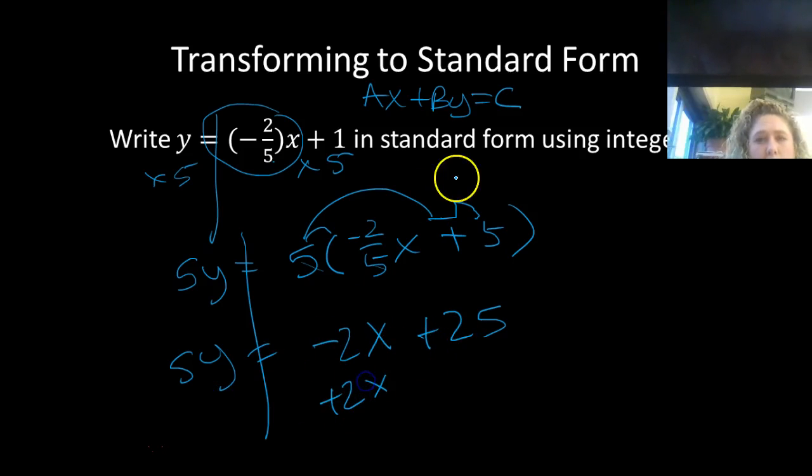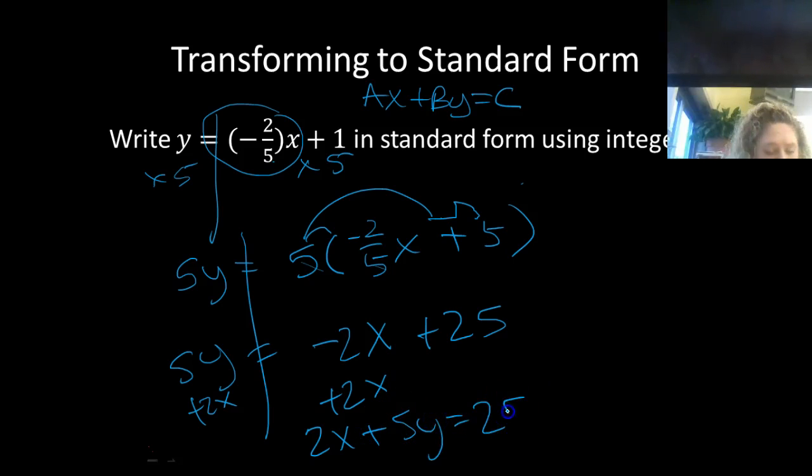Need to get x over to create my standard form here, plus 2x. 2x plus 5y equals 25. Alright, here I had a 1, not a 5, so let's rewrite that. 5 times 1 is 5. So you should have gotten 2x plus 5y equals 5.